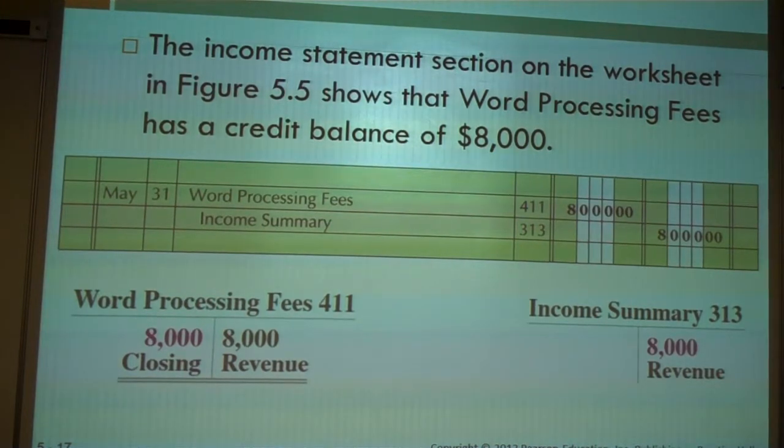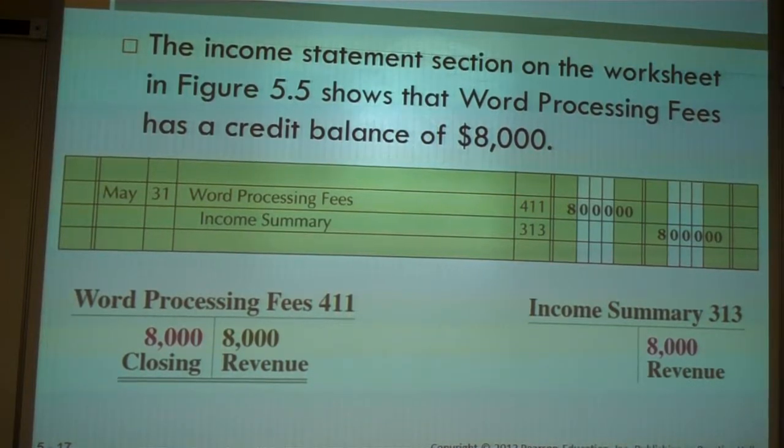To zero the revenue balance, the income statement section of the worksheet shows that the word processing fees has a credit balance of $8,000. How do we bring that revenue account to a zero? With a debit. We want to bring it to a zero. And we're closing those first two to income summary.